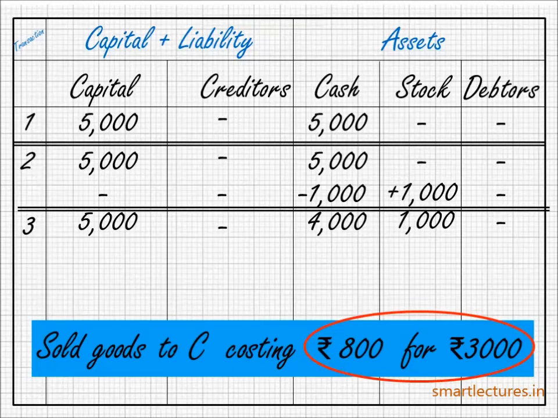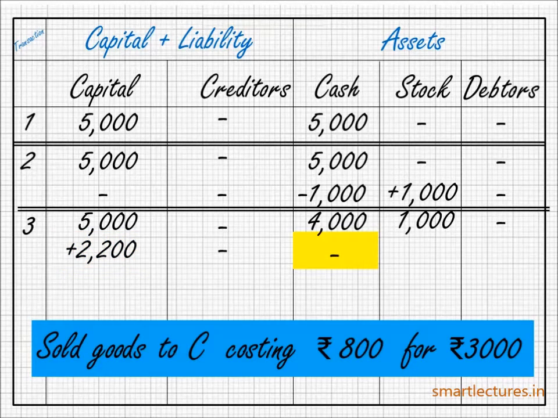It means we have earned 2,200 from this customer. It's a profit, it's a gain. So there will be an increase in the capital, plus 2,200. In the cash column, nothing, but in stock, minus 800 because the stock worth rupees 800 has gone out. We didn't receive any cash, but we have received the promise, or we can say we have created debtors.